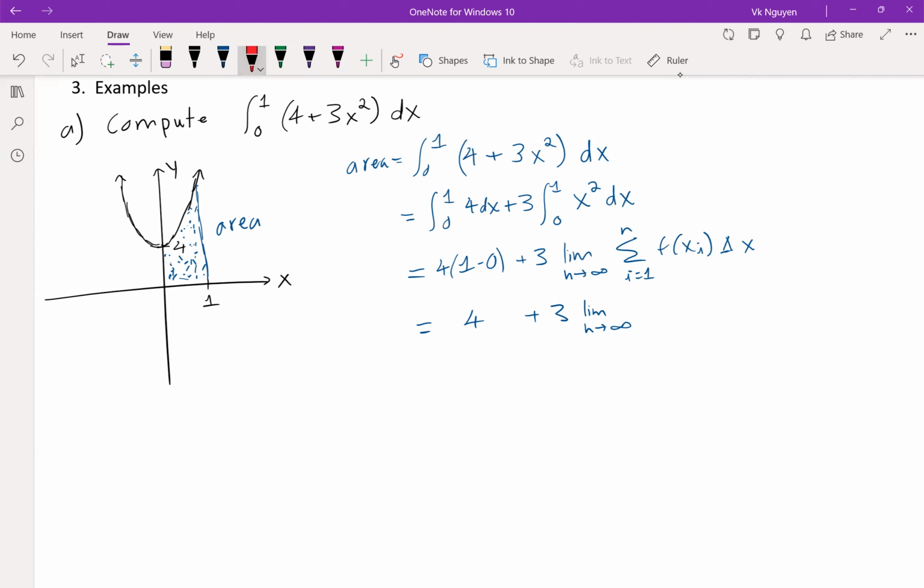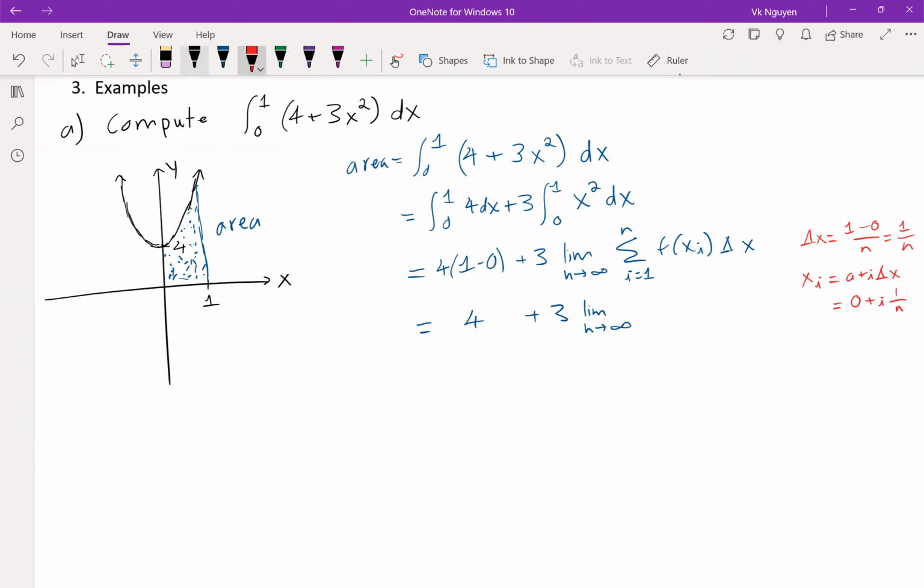Here, delta x is (1 minus 0) over n, 1 over n. xi is a plus i delta x, so that would be 0 plus i times 1 over n.